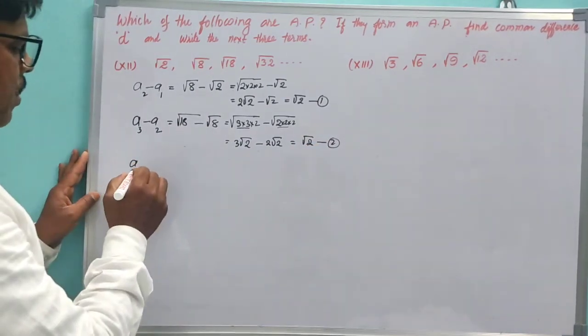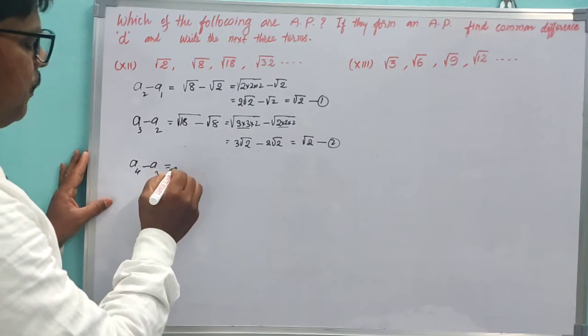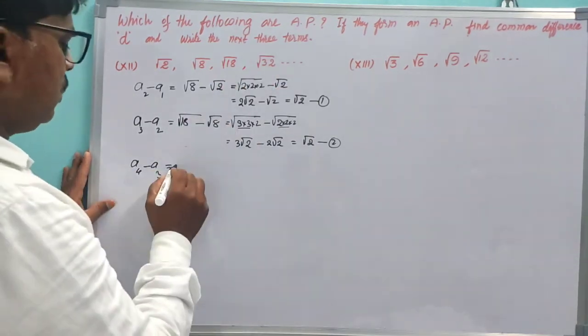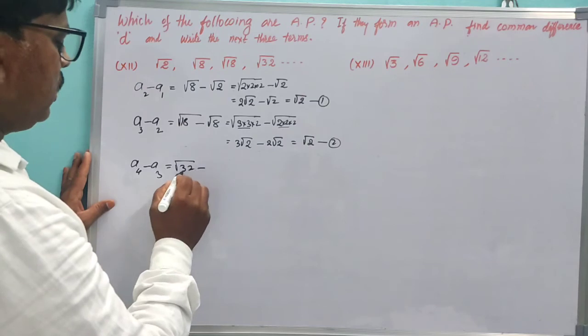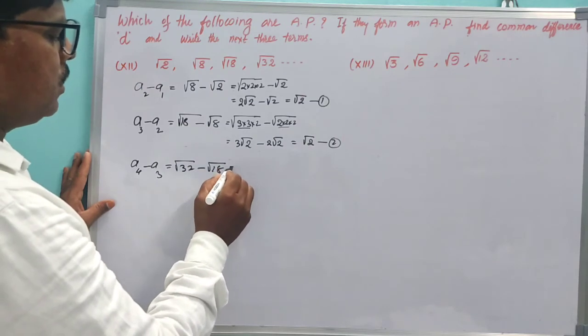Now a4 minus a3. So what is a4? This is under root 32 minus under root 18.